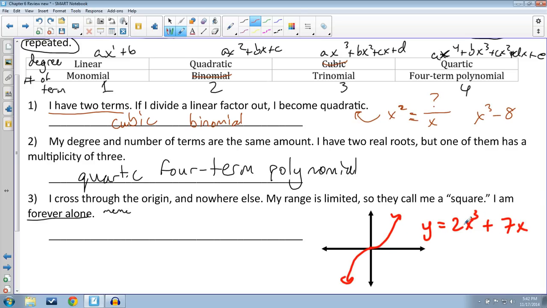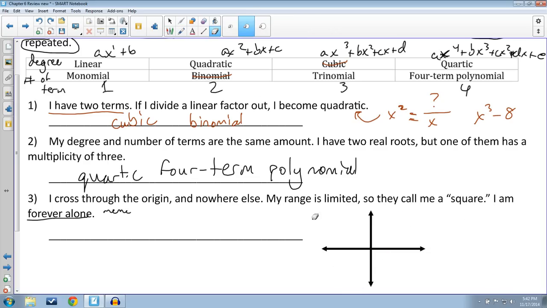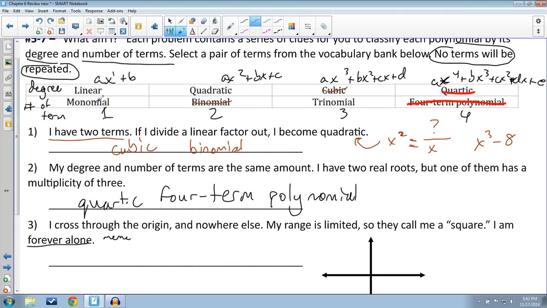And if x is a common factor, then it's crossing through multiple different places, not just the origin. So it can't do that. So there's something behind that that says it must be a monomial. Now, you only have one of a couple options anyway. Let's see, what did we cross out? It was either trinomial or monomial anyway. And I don't think there was anything restricting this to be linear yet. So this has to be a monomial.